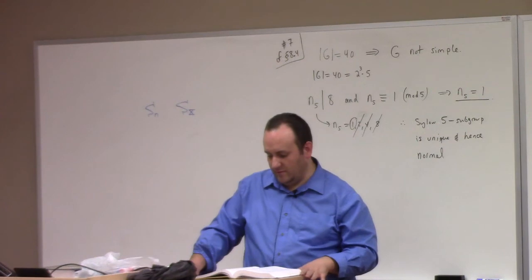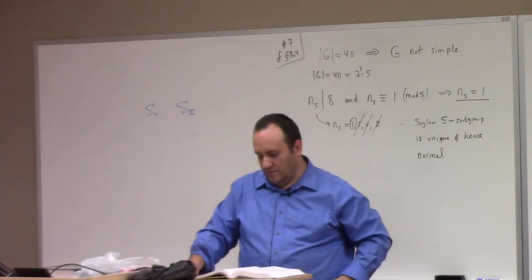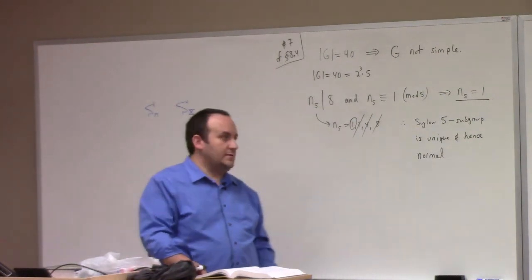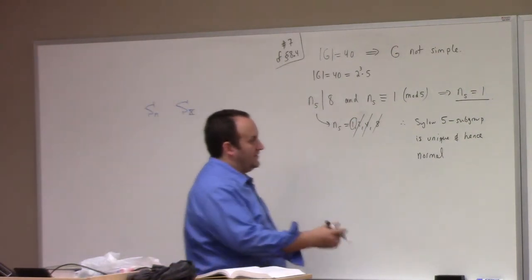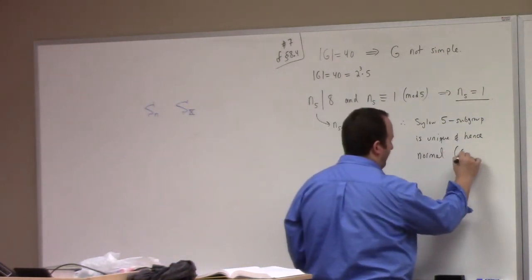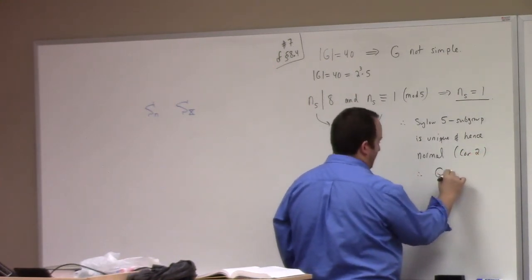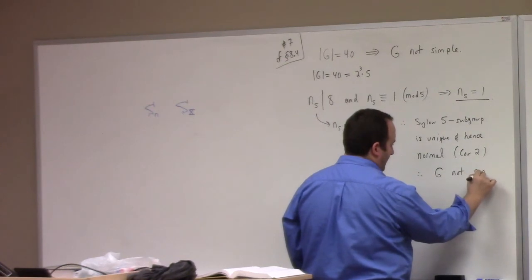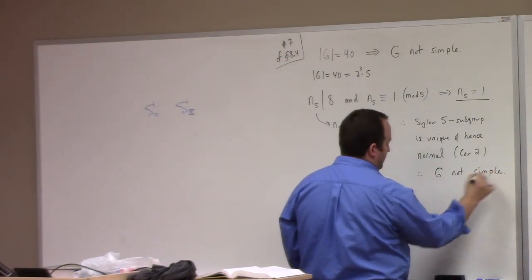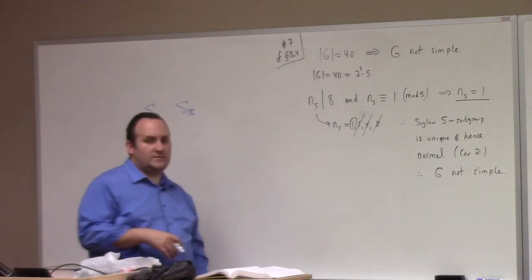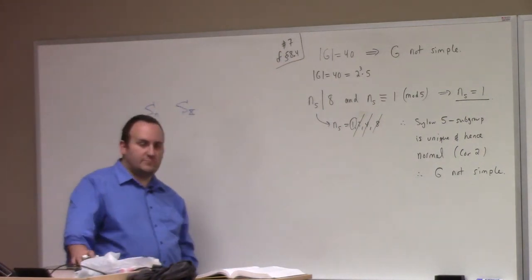Corollary 2. A Sylow P subgroup of a finite group G is normal in G if and only if it's unique. So, corollary 2. So therefore, G is not simple, as it possesses a normal subgroup which is not the identity or itself.